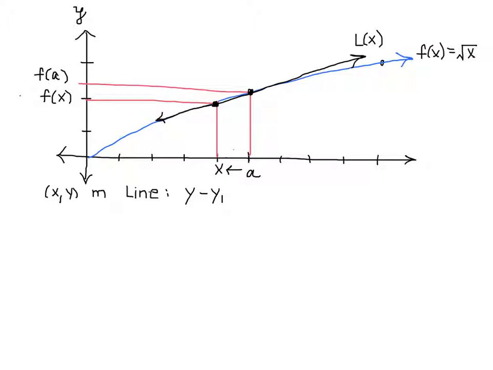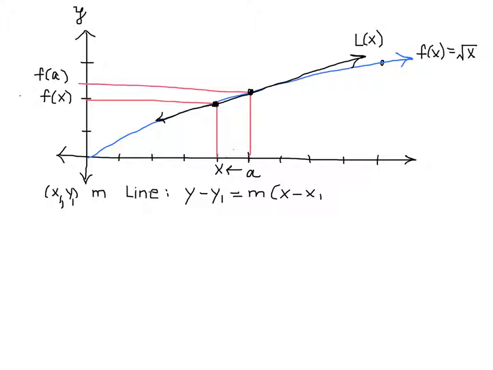I should call this x1 and y1, and we'll put a comma between them. So y minus the y1 from our point. Let me see if I can fix that. It's x1 comma y1. There we go.